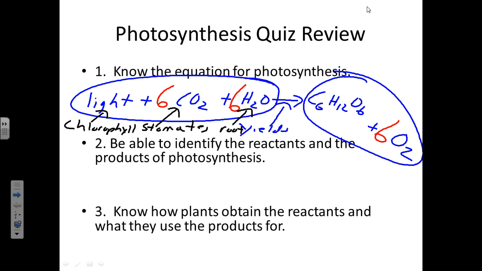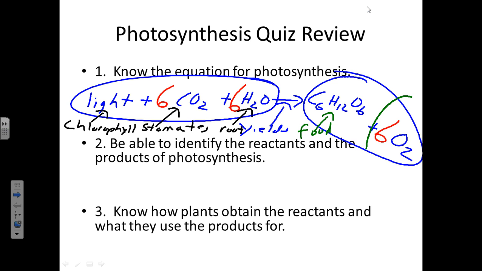Now, in terms of what it uses the products for, the main reason it's doing photosynthesis is to make which one of these two things over here on the right? It's doing it to make glucose. And glucose, what's its function in the plant? Food. And it's food. So they make the glucose for energy.